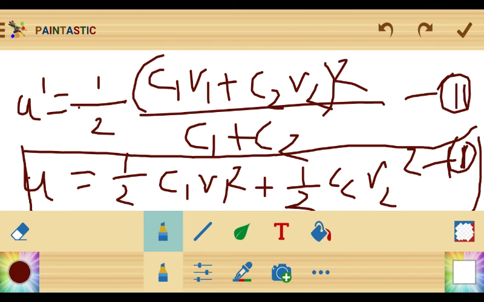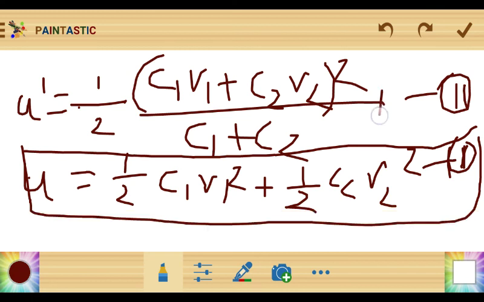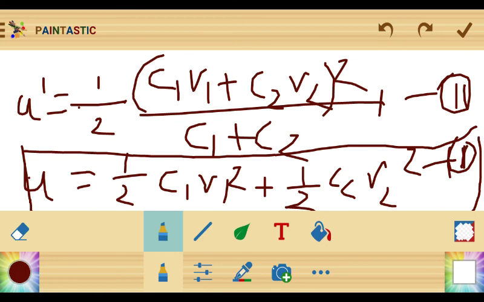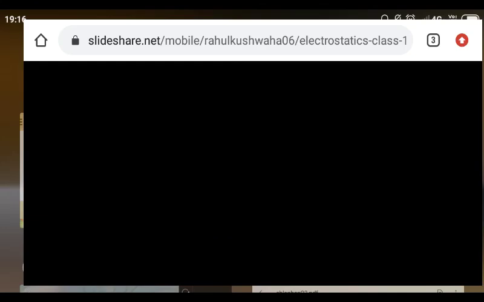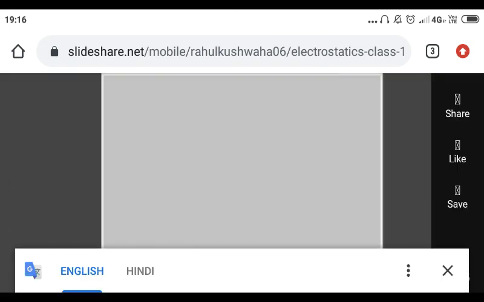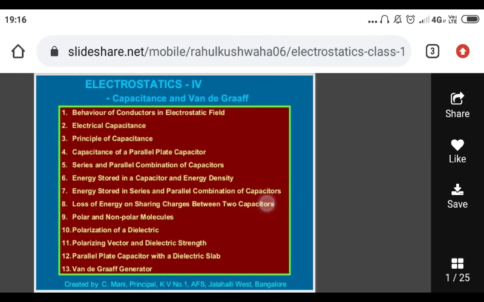But here, if you expand it, it is half C1 V1 square plus C2 V2 square. So we are studying the loss of energy in redistribution of charges. Remember, loss of energy in redistribution of charges.